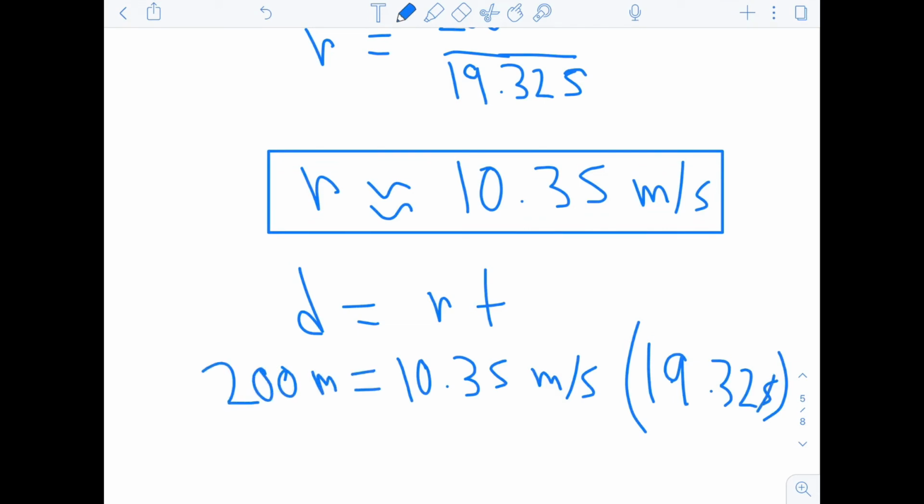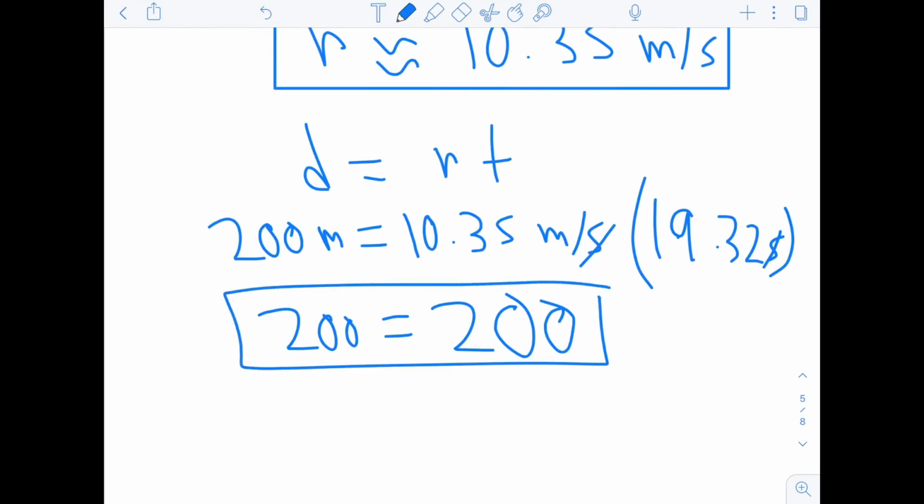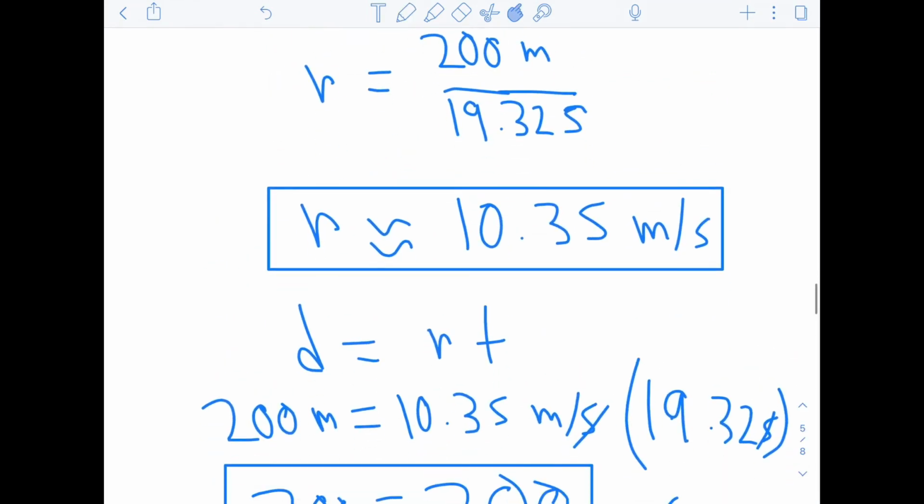So the seconds is going to cancel out, and you're left with meters, and 19.32 times 10.35, you get about 200. So it makes sense. And that's pretty fast. It's almost as fast as me.